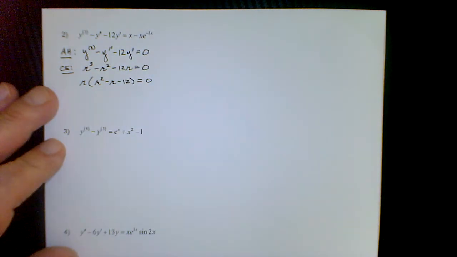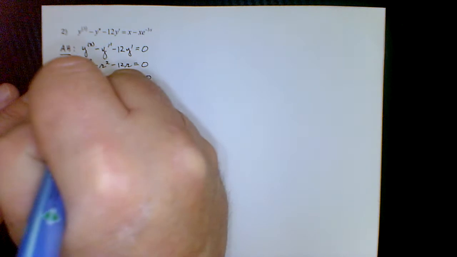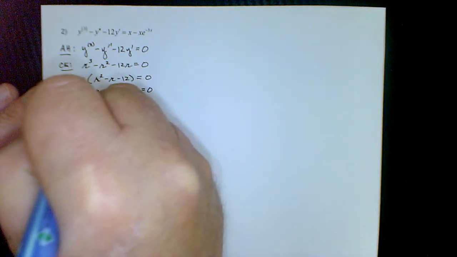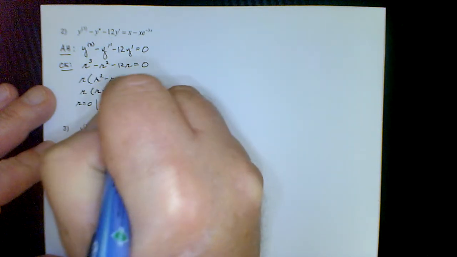Continuing to factor the quadratic there, we get r minus 4, r plus 3 is 0. So r is 0, r is 4, and r is negative 3. Notice they are all real distinct roots.